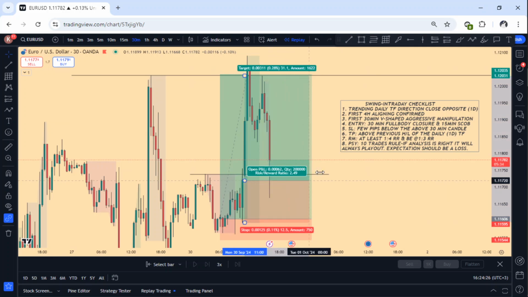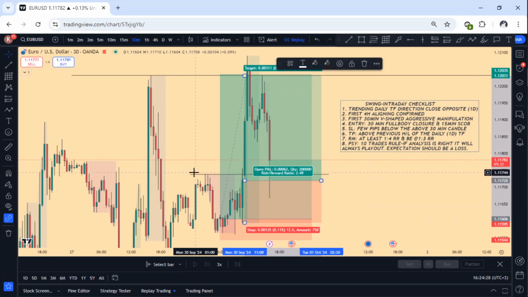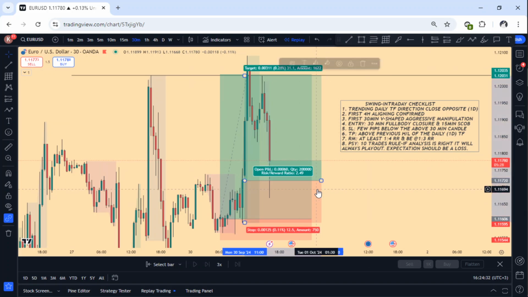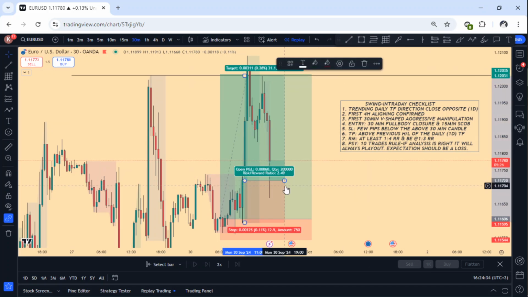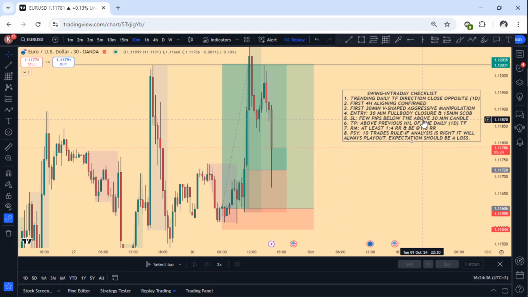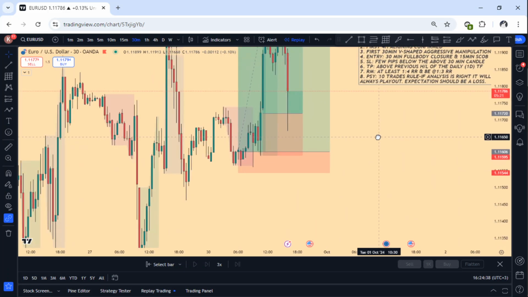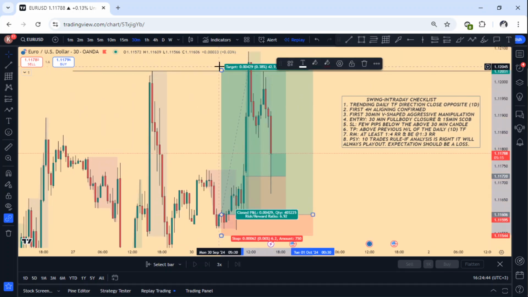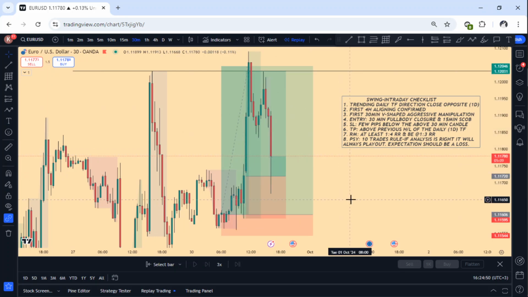If it's a prop firm, and there are different prop firms, if it's a prop firm that has high spreads, I will have to give it a bigger room for breathing. So this was a very nice trade, at least a 1 to 7 that played out here today very fast, in 1 hour 30 minutes, and it was done.